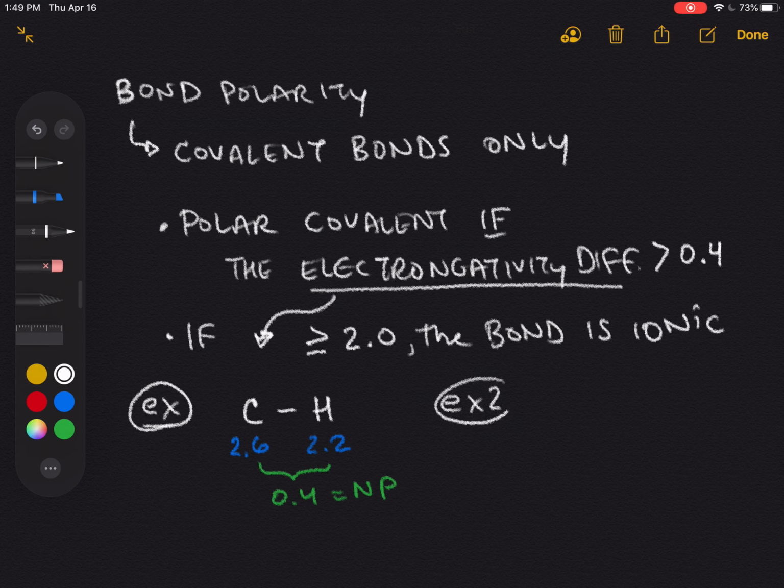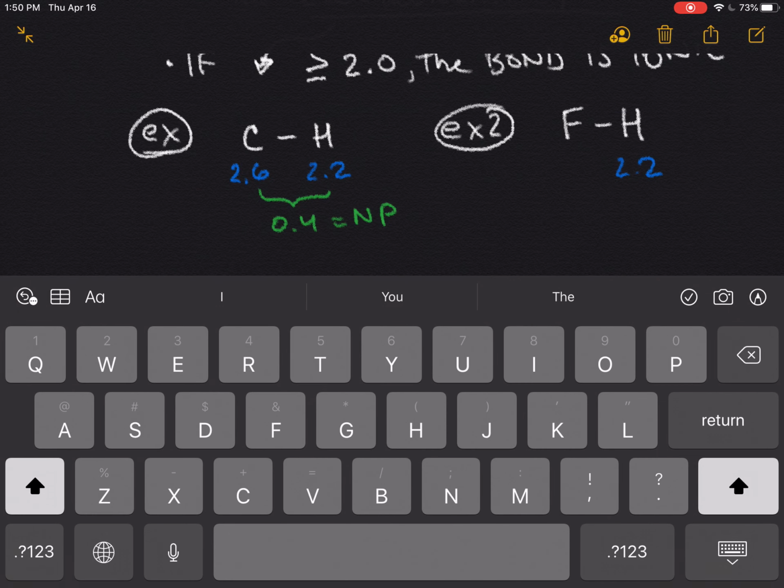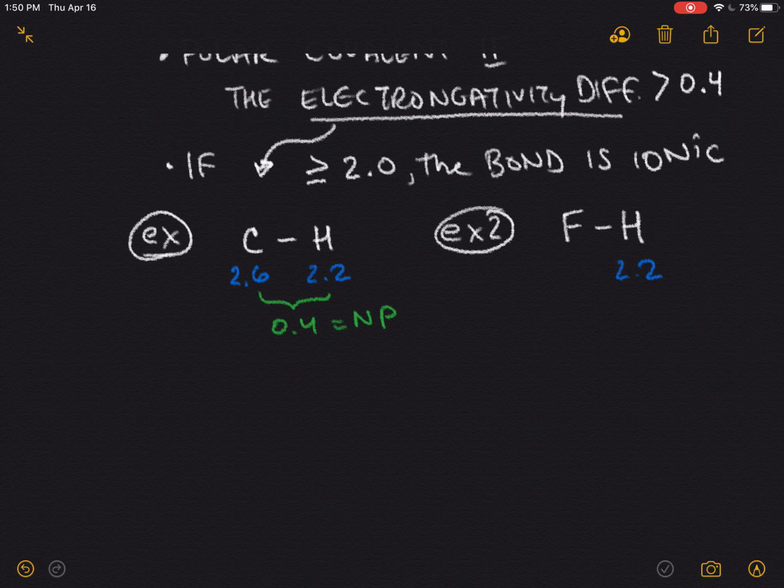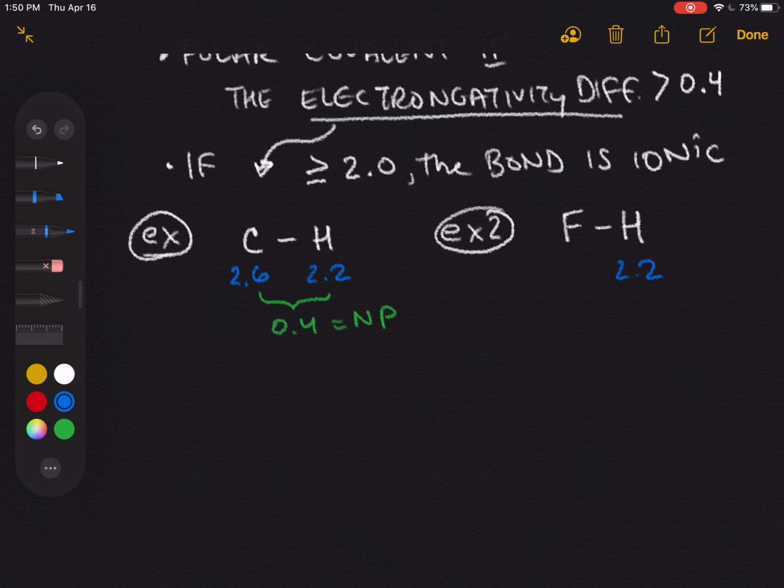Okay, second example. Let's say we have a fluorine-hydrogen interaction. Hydrogen hasn't changed; it's still 2.2 as an electronegativity. But fluorine in this example is at 4.0.